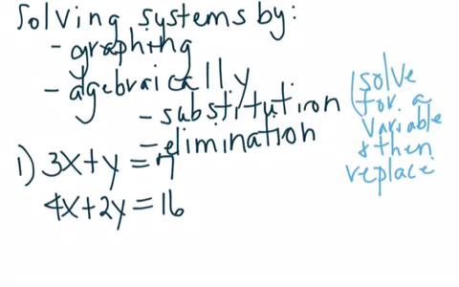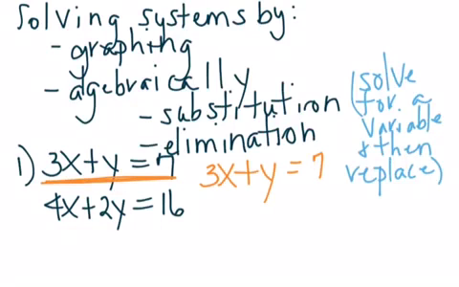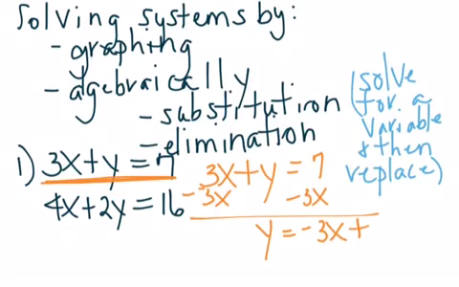That doesn't make much sense at this moment, but hopefully it will in just a second. If you'll notice, in this equation there is a y by itself. So we're going to solve for y so that we can do substitution. So subtract 3x from both sides, and we have y equals negative 3x plus 7.